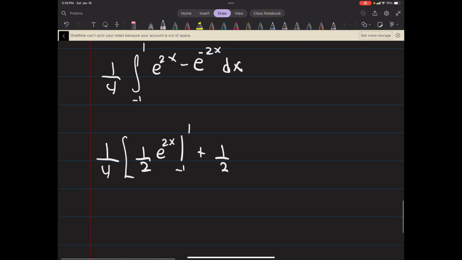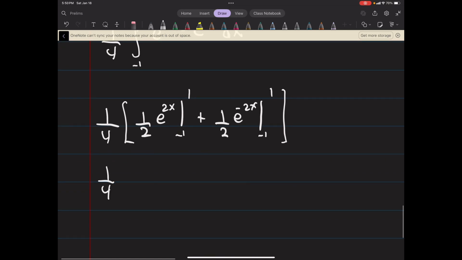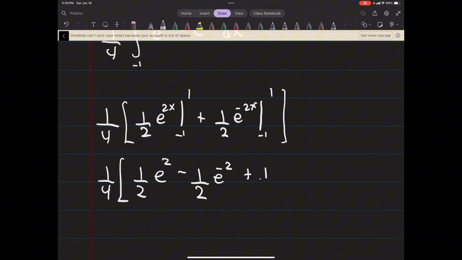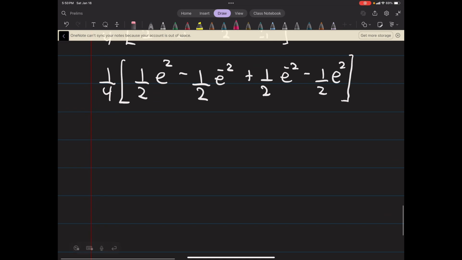There we go. E to the minus 2x evaluated, so the negative sign will turn positive. And this is just going to be 1/4 times 1/2 e to the 2 minus 1/2 e to the minus 2 plus 1/2 e to the minus 2 minus 1/2 e to the 2. And clearly those cancel and you get 0.